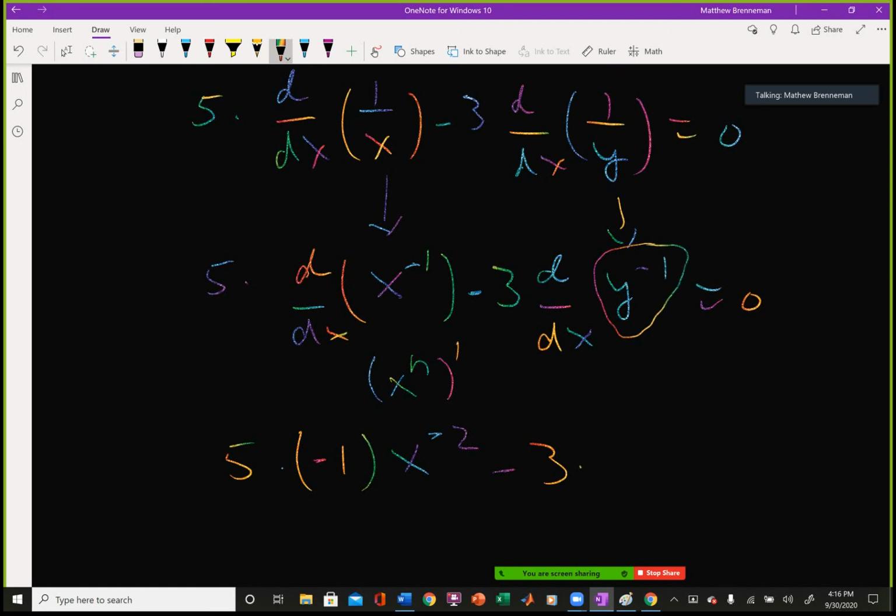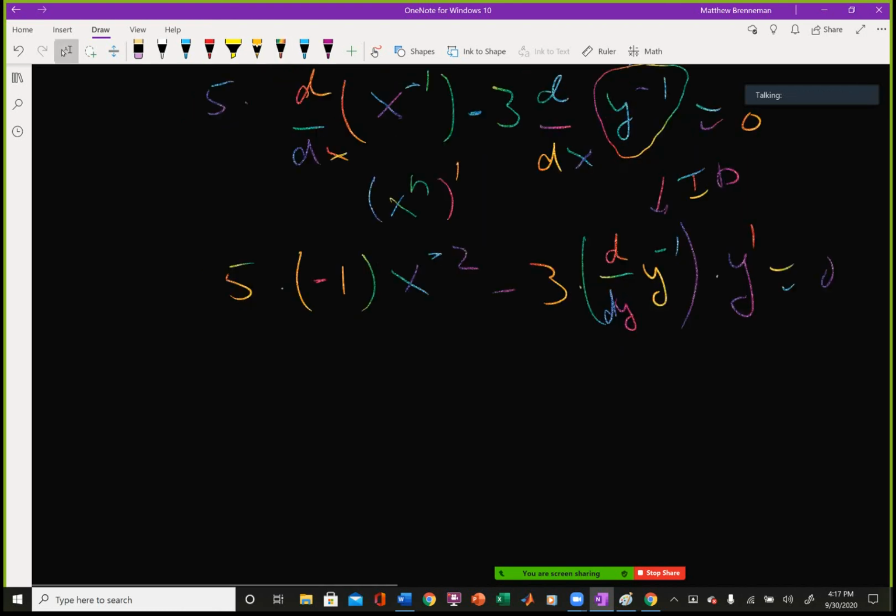So the first thing I'm going to do is I'm going to take the derivative with respect to y, right? I'm going to pretend like I'm not taking the derivative with respect to x. But then I'm going to multiply it by y prime. So going from here to here, this is implicit differentiation. And this is just the power rule, right? This is minus 1. I bring the exponent down the same way I did with the x, right? And this is y to the minus 2.